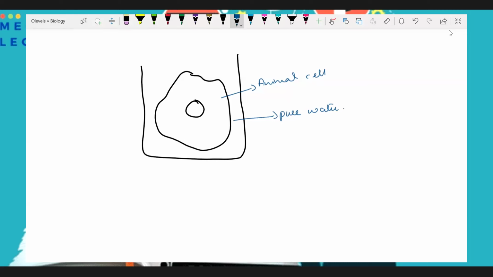Now suppose in this example, outside this animal cell we have 100% water molecules because it was pure water, right? So we can say that we have 100% water molecules and no dissolved substances.